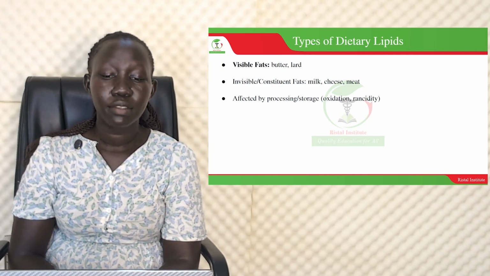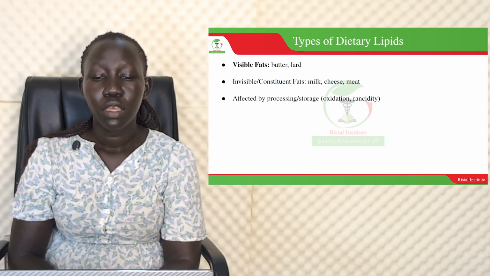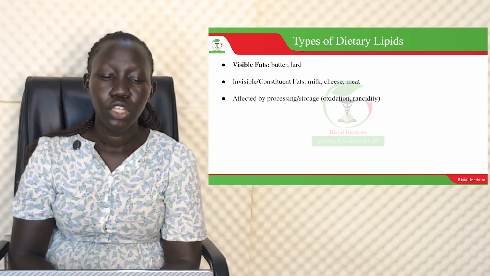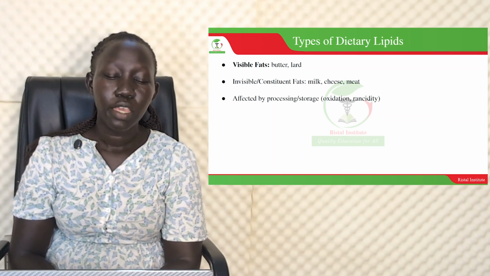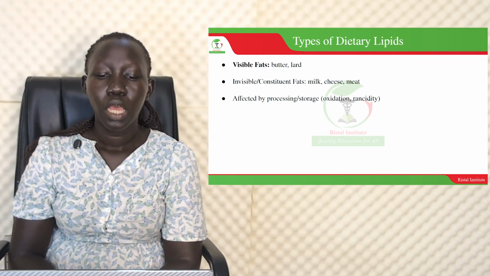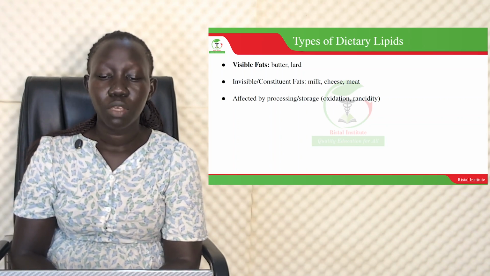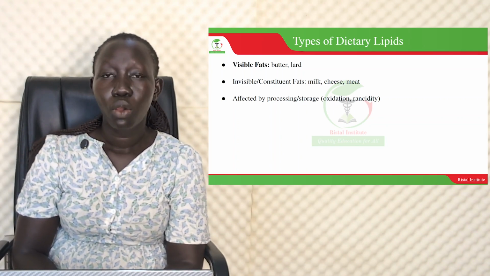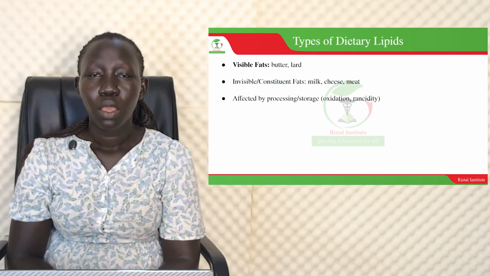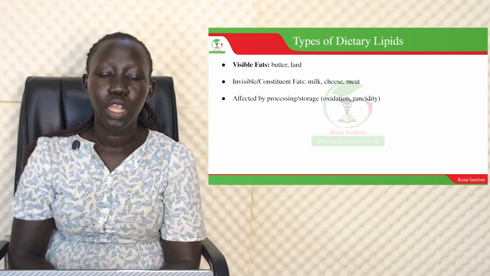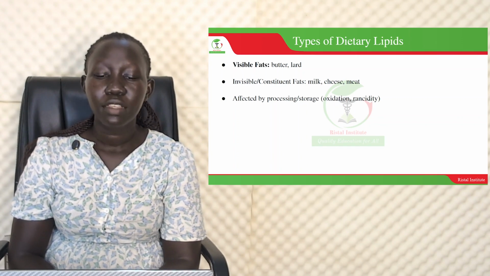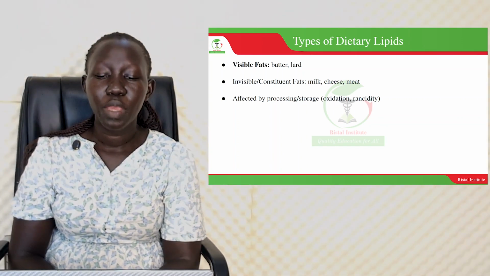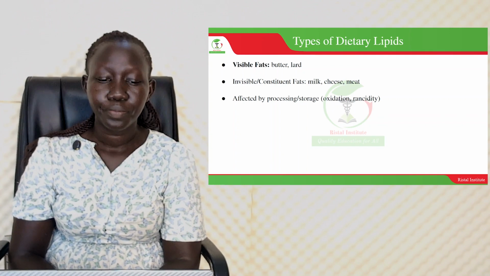The vegetable butters include the tropical seeds that have a narrow melting range. We have the oleic, linoleic group, and these are commonly found in vegetable oils such as soy, corn, and sunflower. We have the linolenic group, including soybean and flax, and they are high in omega-3 fatty acids.